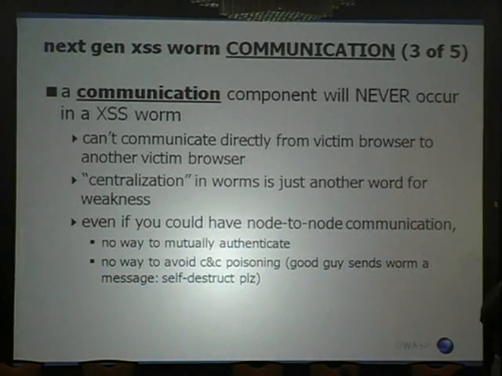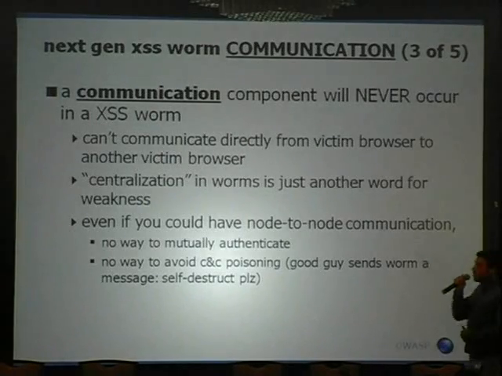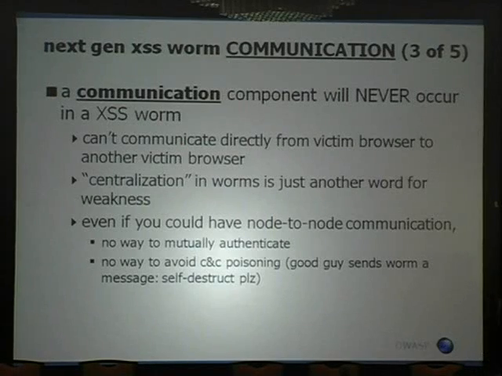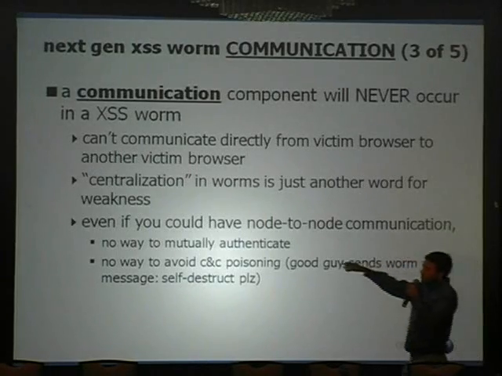So I'm kind of summarizing, by the way, popular debates we're having within the security worm discussion community, so I'm trying to present all sides of this. Okay, so communication between worm nodes. How are two browsers going to communicate? I don't think they ever will, unless we have the stupidest plugin ever that could do it for us. And even if you could have node-to-node communication, there's no way to mutually authenticate.